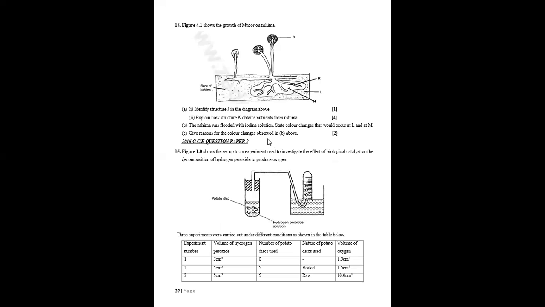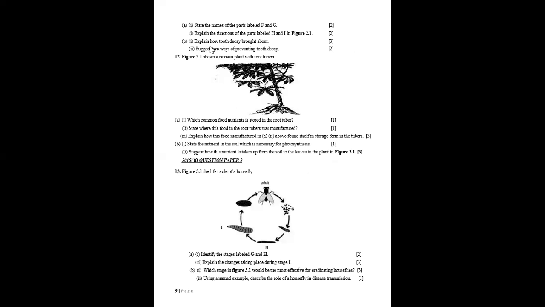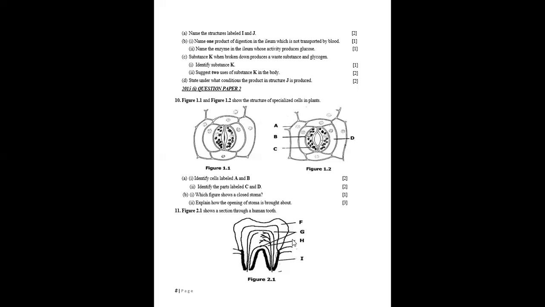Explain the functions of the parts labeled H and I in figure 2.1. H is a space within the dentine which is made up of tooth-producing cells, nerves, and blood vessels.